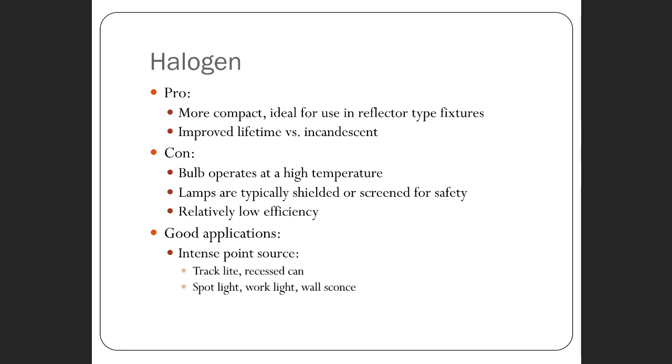And still, its efficacy is relatively low. But halogens are good applications if we have something like a track light or a can light, something that's an intense point source, or a spotlight, a work light, a wall sconce. These are all good applications for halogens.